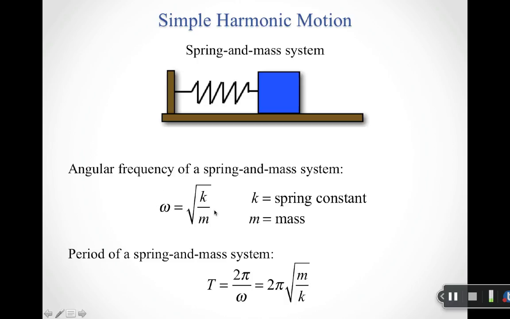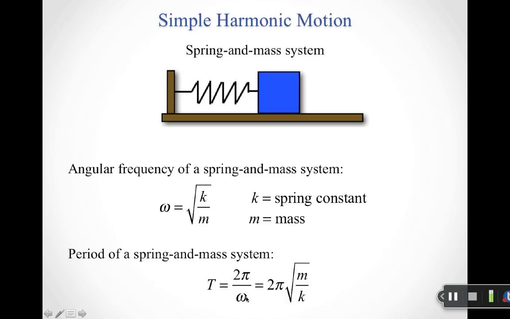And so what I do is take that constant k over m in front, between the minus sign and the x, and take the square root to get the angular frequency. So the angular frequency here depends on the spring constant and the mass. For a spring and mass system, that makes sense.